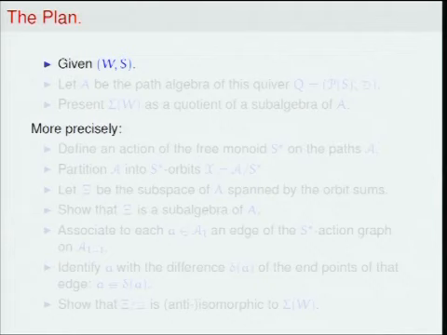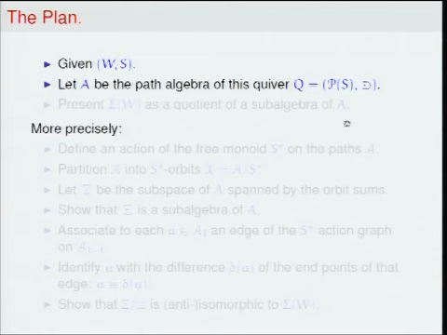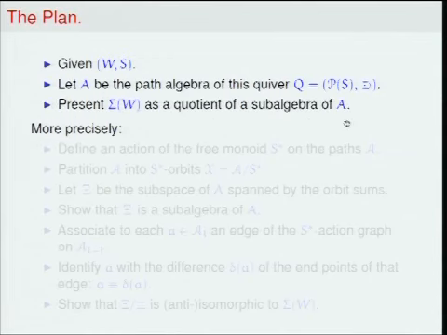So here's the general plan. Given a finite Coxeter group W with generating set S, we let A be the path algebra of this particular quiver, the quiver given as the Hasse diagram of the set S sorted by reverse inclusion, and I want to present the descent algebra as a quotient of a subalgebra of this path algebra A. So that's a two-step process.